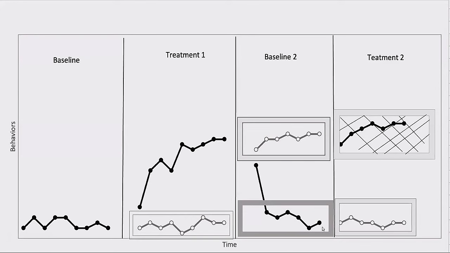It reversed back down to where baseline was at the beginning. This is telling me it verifies that I am making the correct predictions. And then we have control finally when we do it again. We go back again to treatment and look, the behavior does return to that.